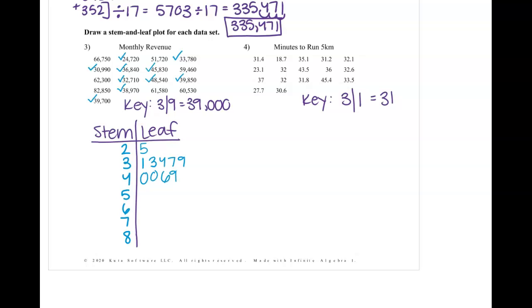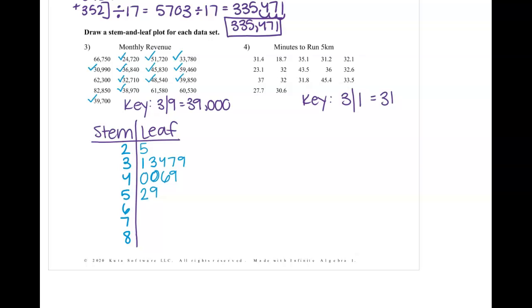And then for the 5s, we have 51,720, which rounds to 52. And then we have, let's see, I can't even find it, and I just did this a moment ago. What else do we have? Oh, 59,460, so that rounds to 59.